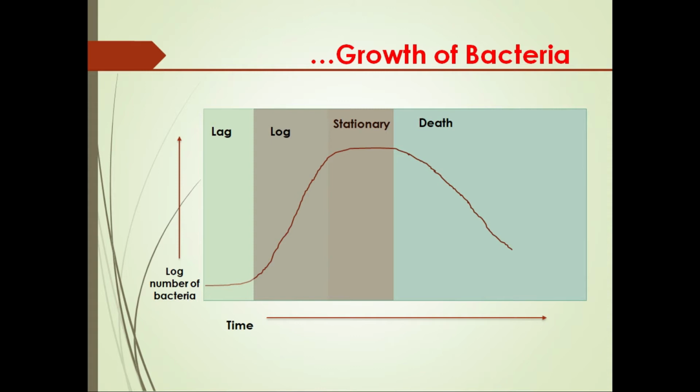Now when bacteria grow, we can draw a curve against time. The number of cells increases over time, and that can be plotted and shown in the form of a graph. And in this growth curve, we see four distinct regions.